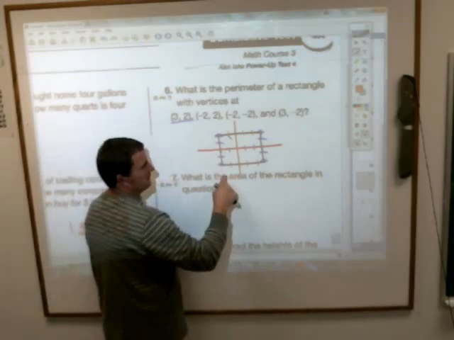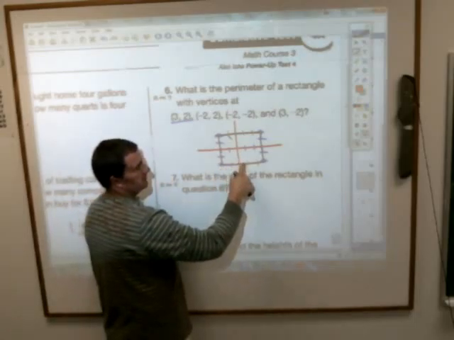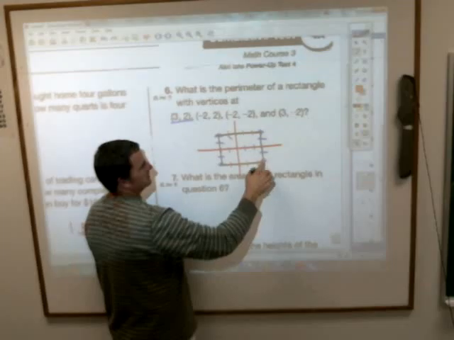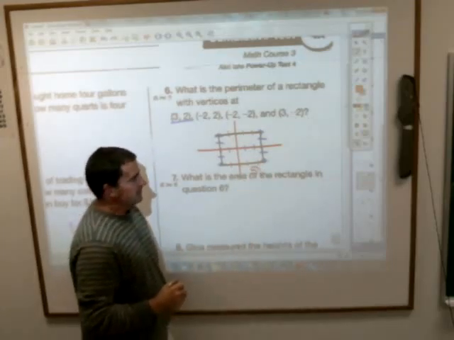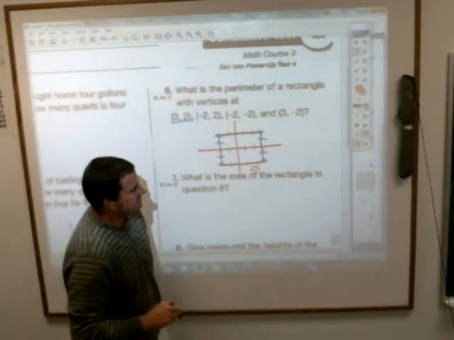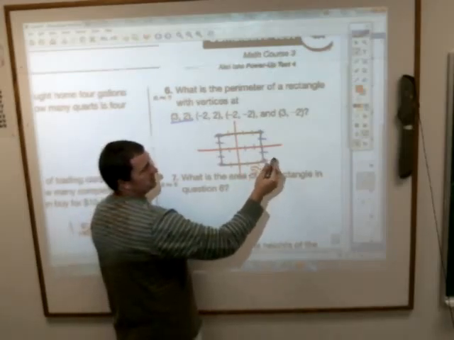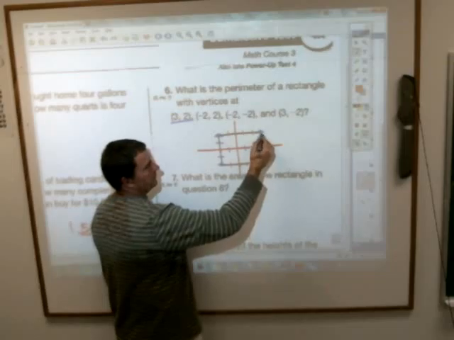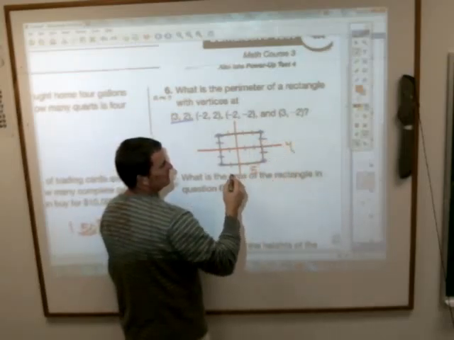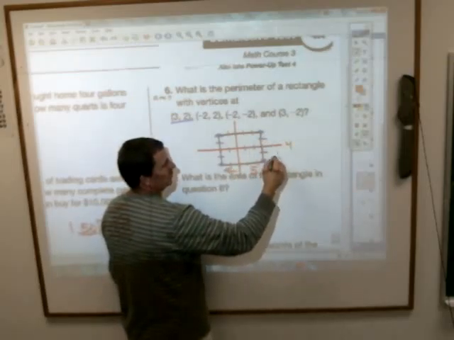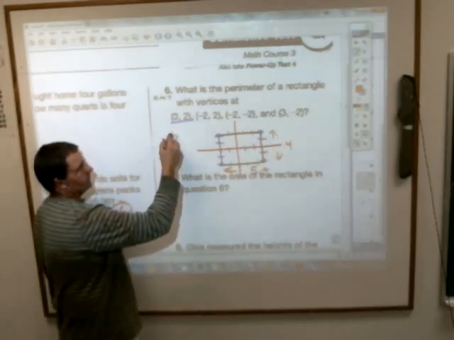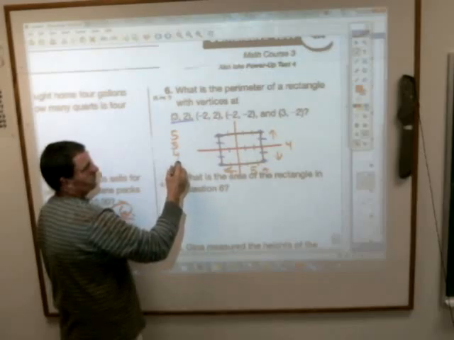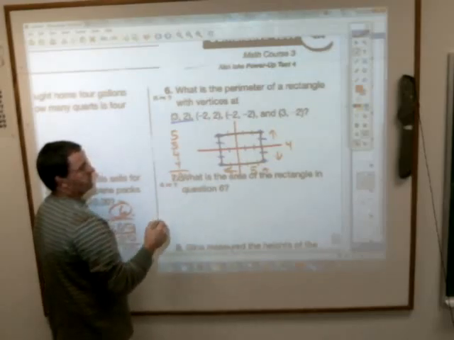How many spaces is here? 1, 2, 3, 4, 5 spaces, which I think is what you said. And then going up, 1, 2, 3, 4. It is a 5 by 4 rectangle, and the perimeter then would be 5 plus 5 plus 4 plus 4, which is 18.